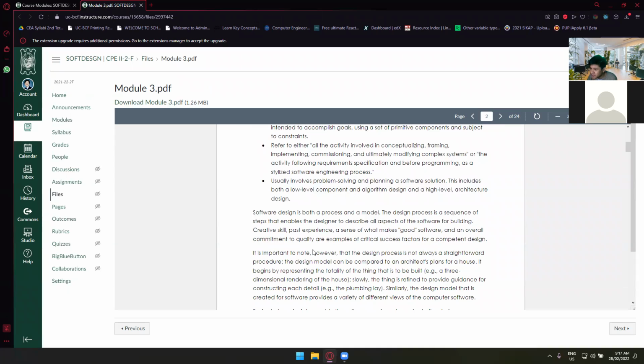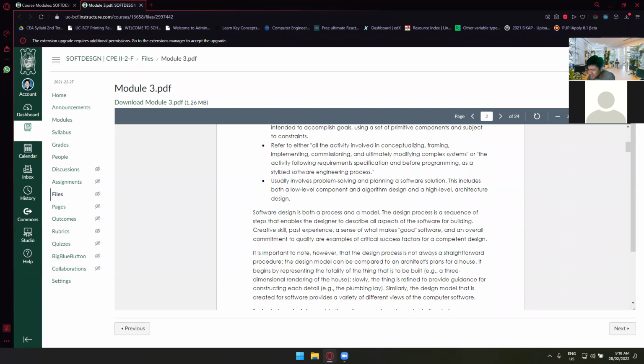It is important to note, however, that the design process is not always a straightforward procedure. Even though this is a big help from the very start up to the end in creating your project, it is still not that straightforward. You still need to come up with alternatives, or your own ways of solving things.